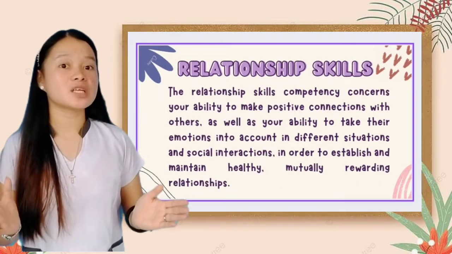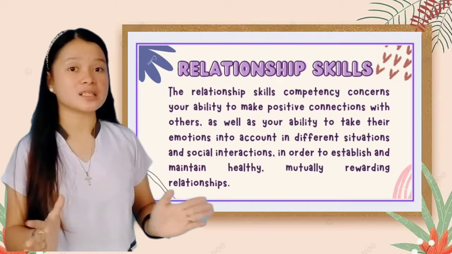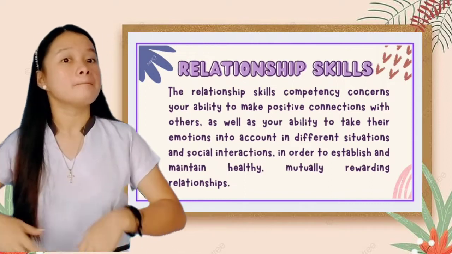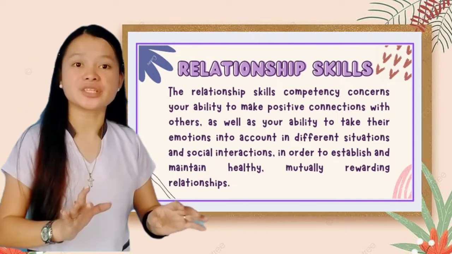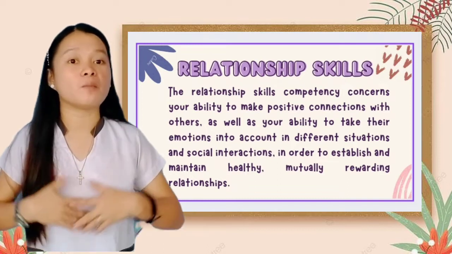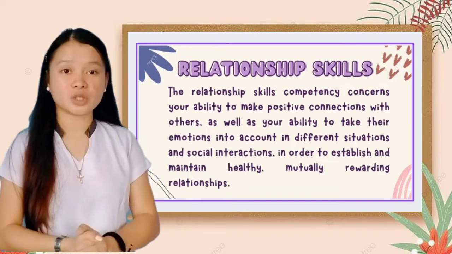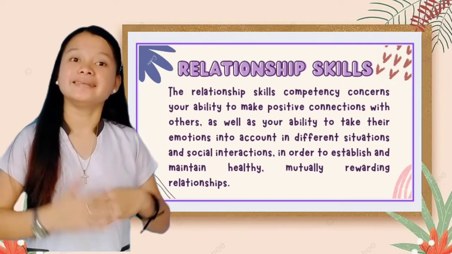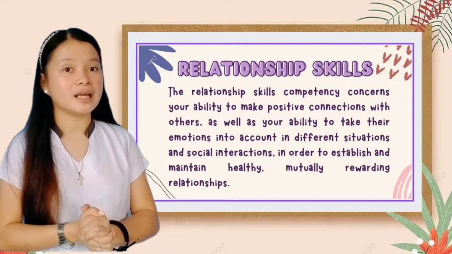And then the last one is relationship skills. Relationship skills concern your ability to make positive connections with others, as well as your ability to take your emotions into account in different situations and social interactions in order to maintain healthy, mutually rewarding relationships.